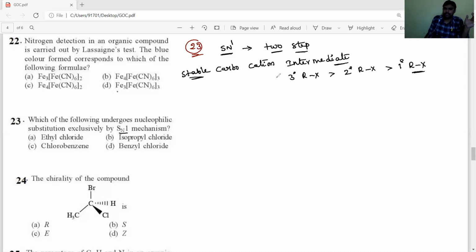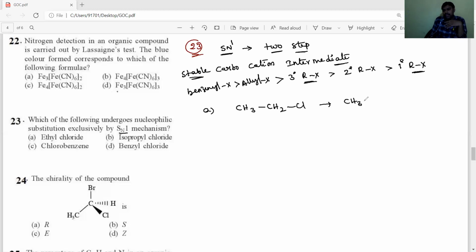Compared to the tertiary, benzyl halides are more reactive, and allyl halides too. Like that the SN1 reaction order will come. Among the given options, the first one, A, is ethyl chloride, CH3CH2Cl, which forms the ethyl carbocation.